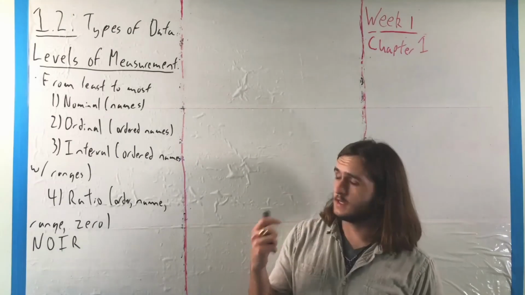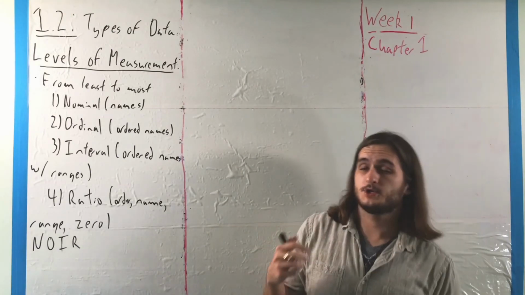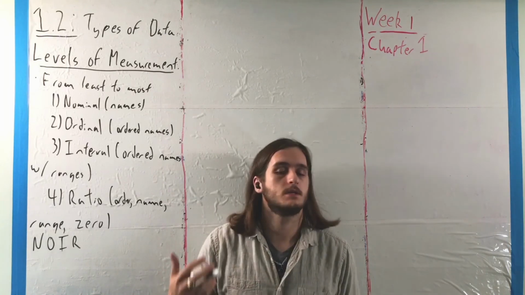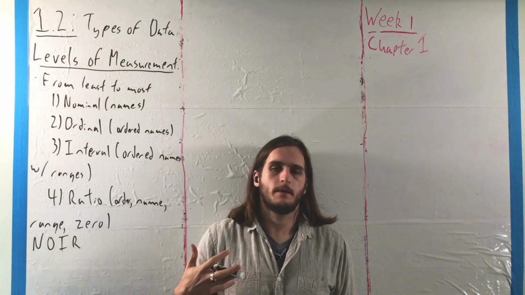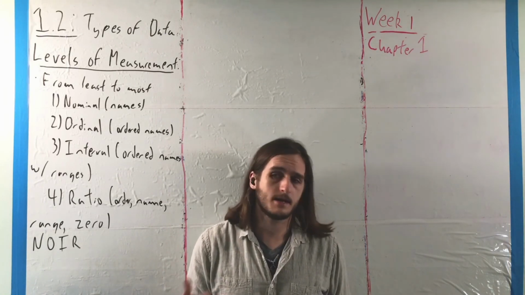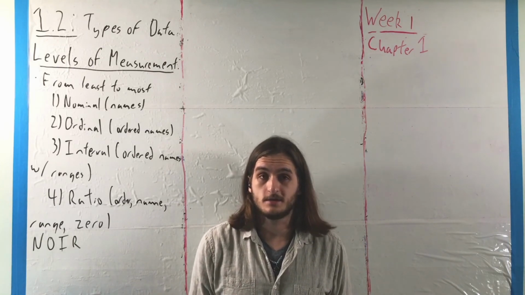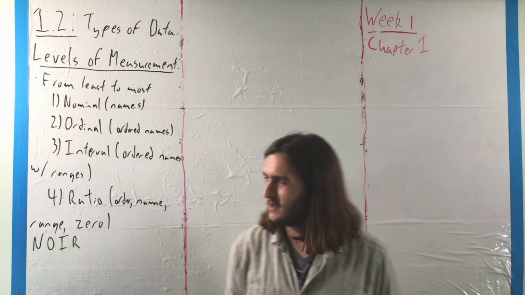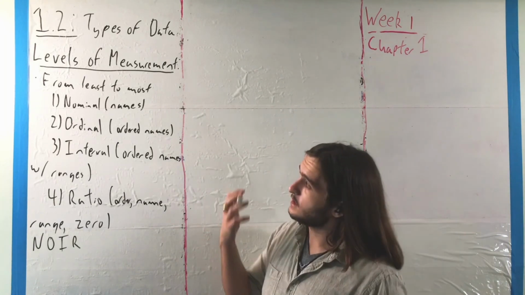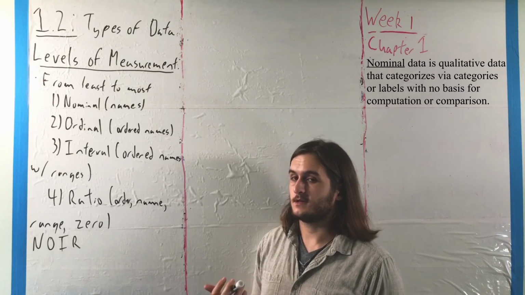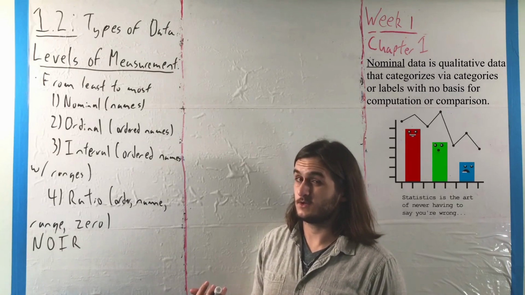Now we're going to finish this section with the levels of measurement, where we're going to look at them from least to most descriptive. That is, from having the least information given by the category to having the most information. We'll start with the nominal level of measurement, which, like I said, statisticians are very creative.